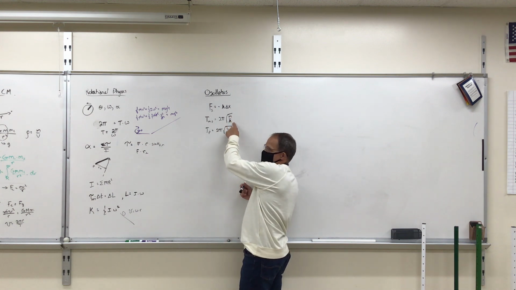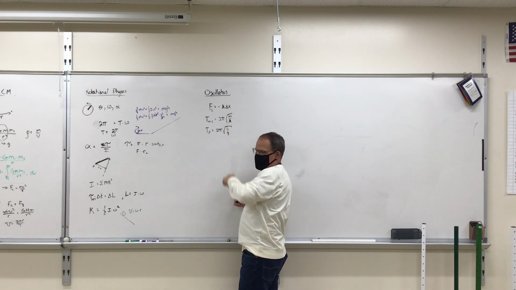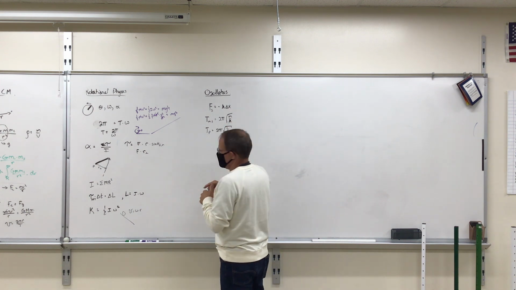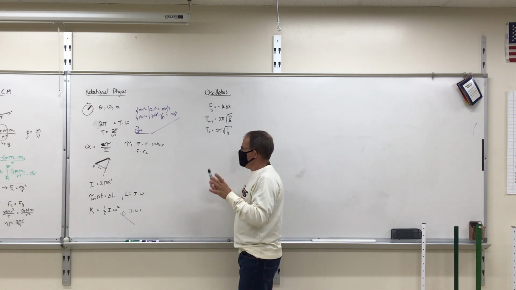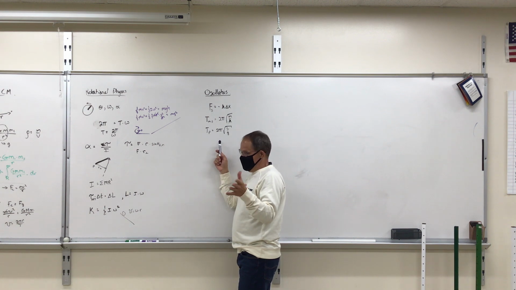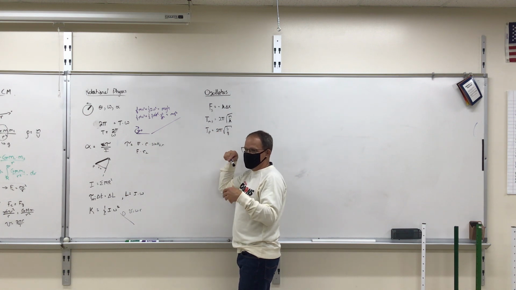The restoring force has the mass in it, mg over L, I think is what we worked out. You don't have to know that. When you plug that in there for k, you get L over g. The mass is canceled. So if you double the mass of a pendulum, what happens to the period? Nothing. If you double the mass of a mass on a spring, what happens to the period? It's bigger by the square root of 2, 1.41.